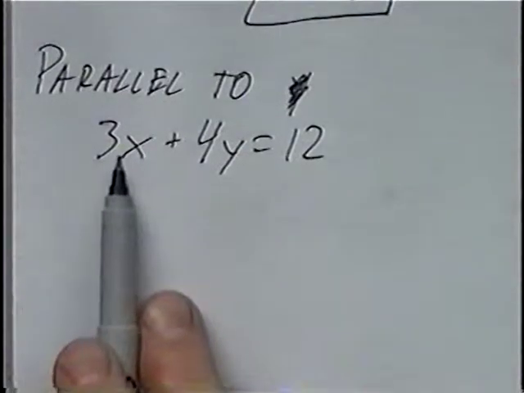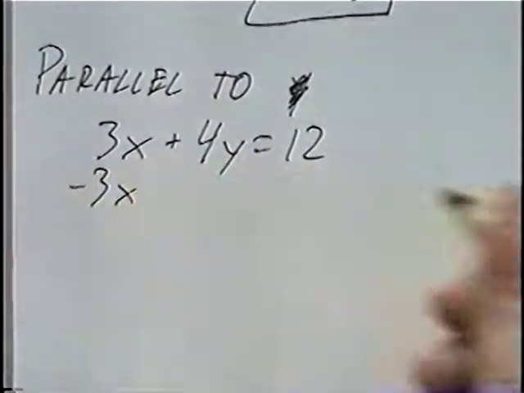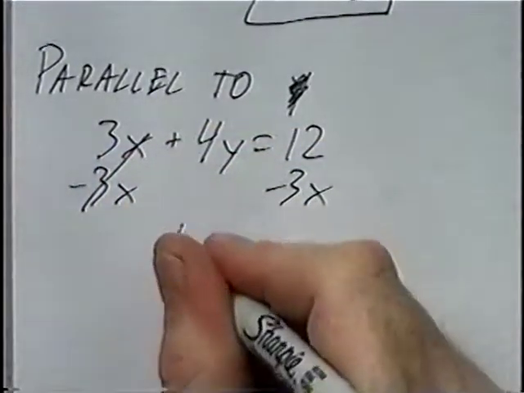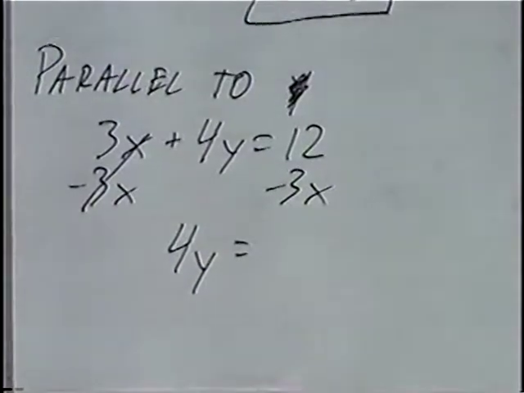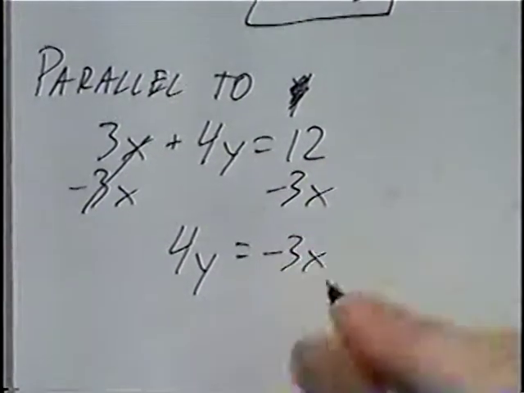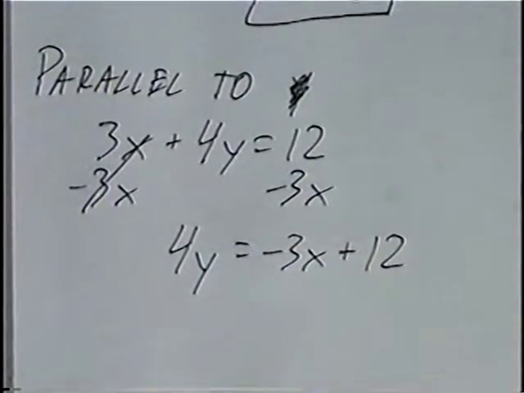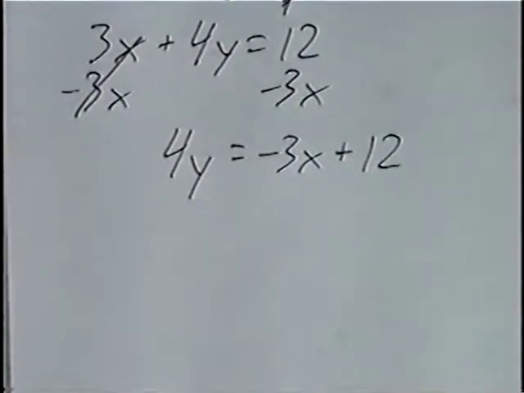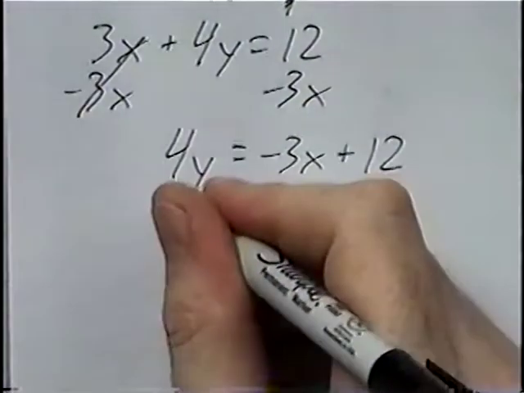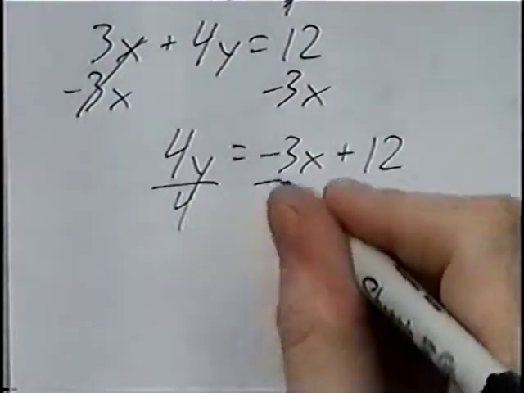To get y by itself, we can get rid of the 3x. Opposite of positive 3x is minus 3x on both sides. 4y would come down. 12 minus 3x. Normally we'll put x first, minus 3x, and the plus 12 at the end. Solving for y, 4 times y. The opposite of multiplying by 4 is dividing by 4.